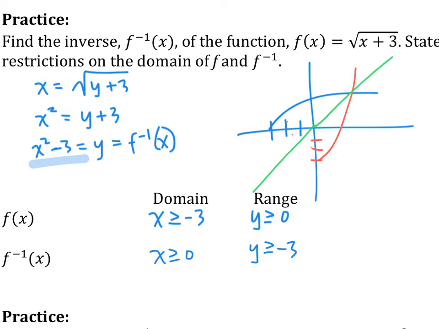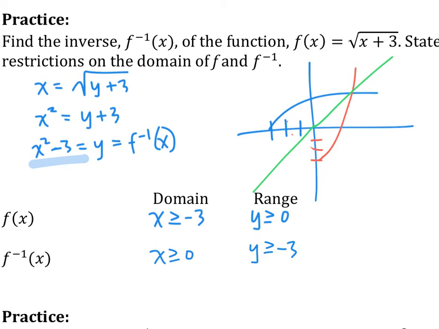Or the other way to think about it is, you have to remember algebra 2. When we have a square root like this, we are talking about the principal root, meaning we are only talking about the positive root. So when we don't write any sign in front of the square root, it is taken as if we had a plus sign in front.